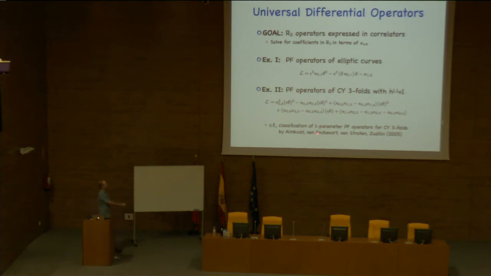This fits nicely in the classification of 1-parameter Picard-Fuchs operators for Calabi-Yau folds, as proposed by Almkvist and collaborators. They also give conditions for Picard-Fuchs operators to be those of Calabi-Yau geometries, and these conditions we exactly reproduce in our context from the correlator perspective here as well.